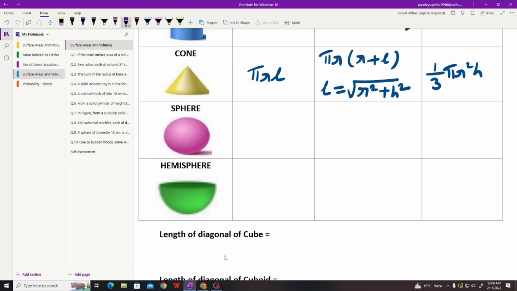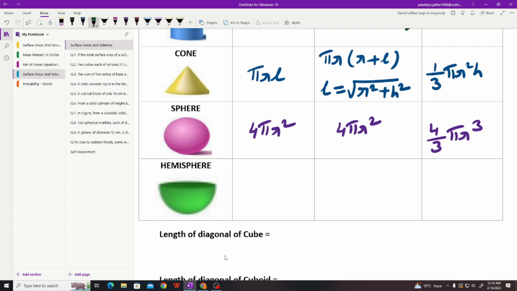The curved surface area of a sphere is 4 pi r square, and the total surface area is also 4 pi r square, and the volume of a sphere is 4 upon 3 pi r cube.